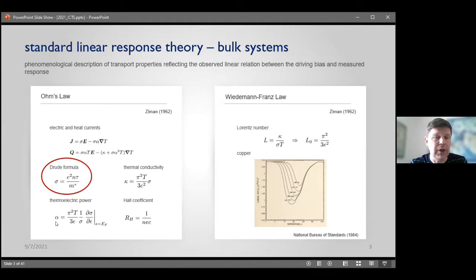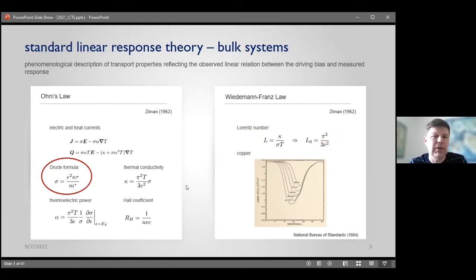Now, if we are talking about a non-interacting system, so free electrons scattering off some sort of disorder, then the standard textbook results are shown here. They have a Drude formula for the electrical conductivity. Thermal conductivity is proportional to electrical conductivity, such that the ratio of the two, the so-called Lorenz number, is some sort of a constant.